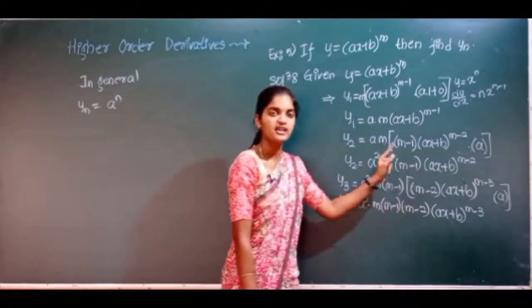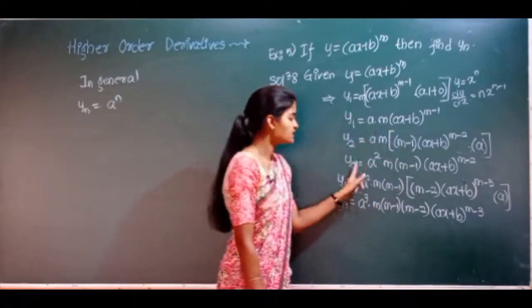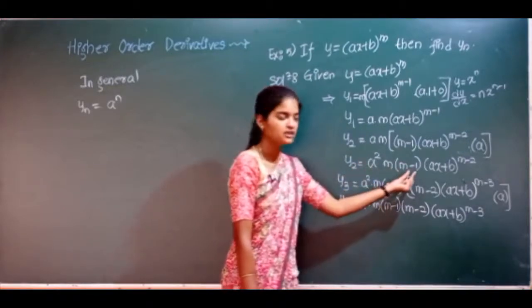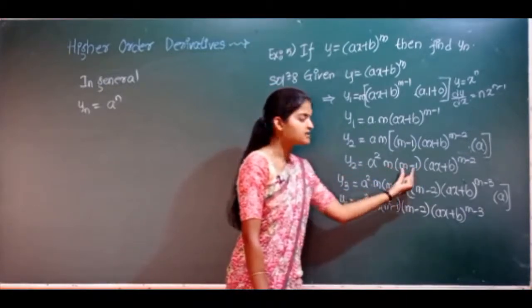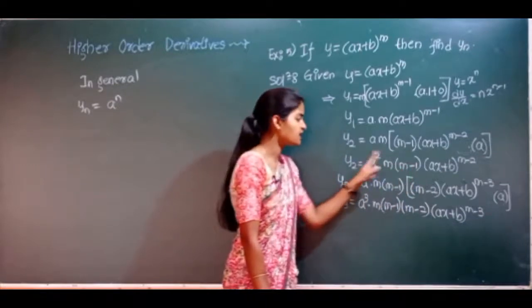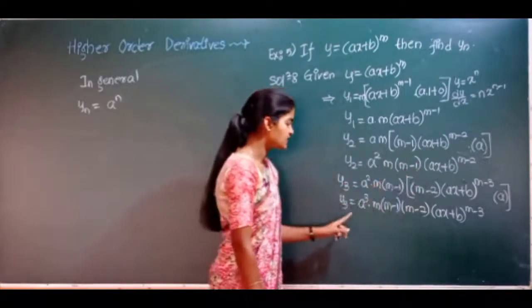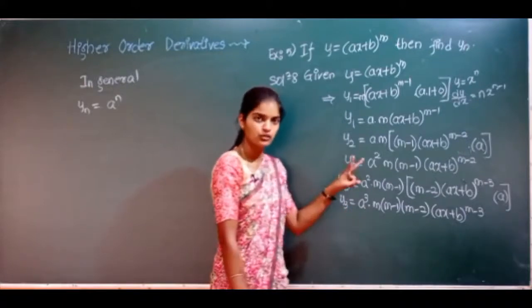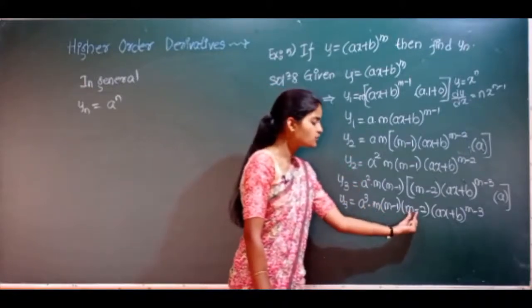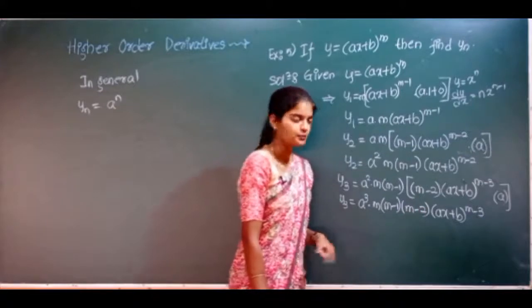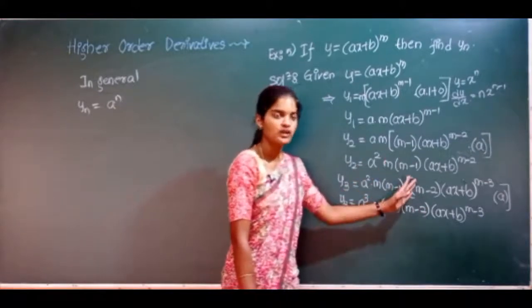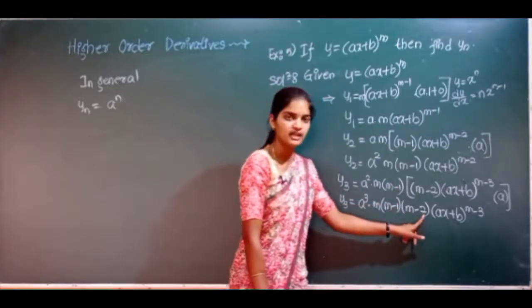As in x raised to n, in the same way here m into m minus 2 minus 1, that is 1. This term continues up to this minus 1th term. Again similarly here 3 is there, so 3 minus 1 is 2. Therefore, this term continues up to m minus 2, that is, one term less than the order.